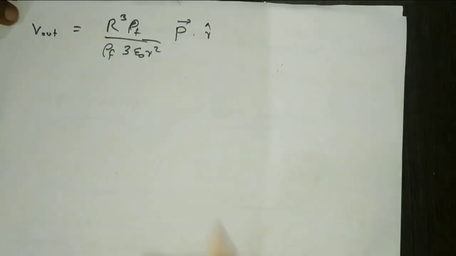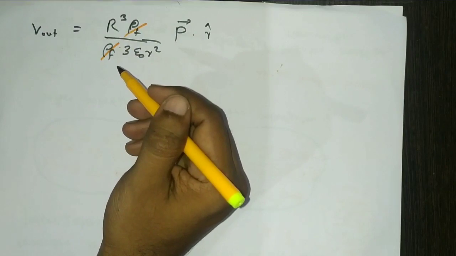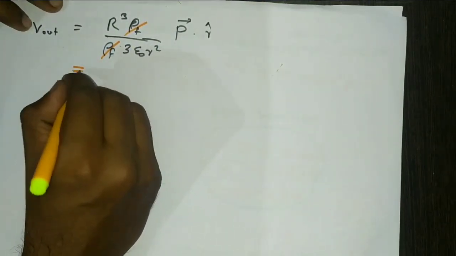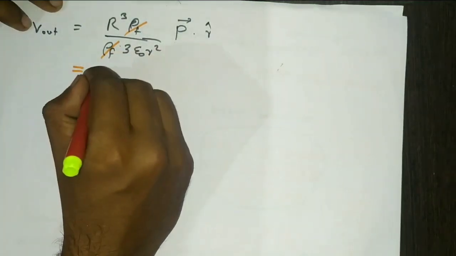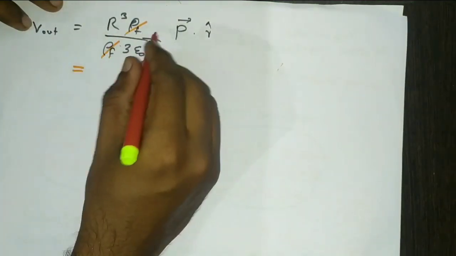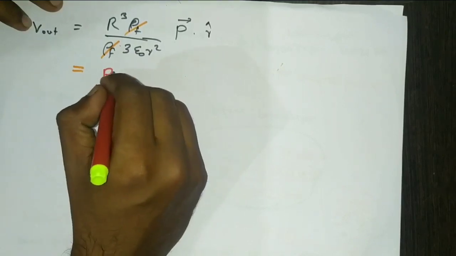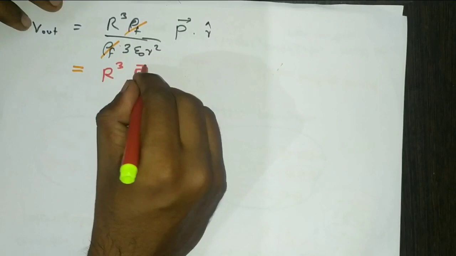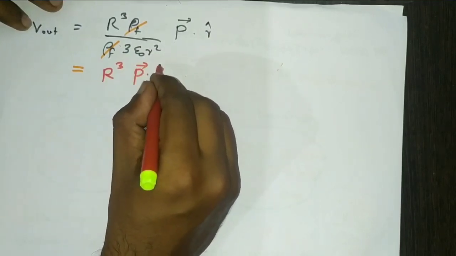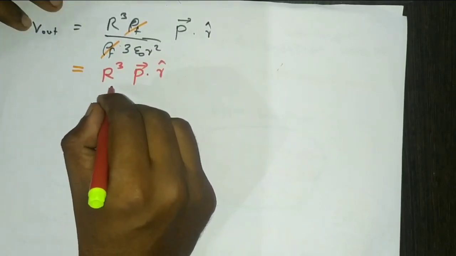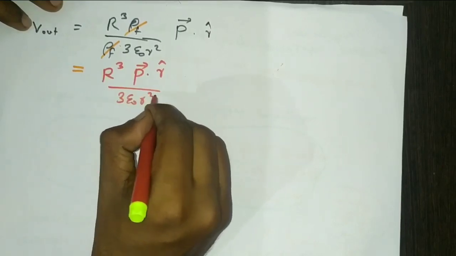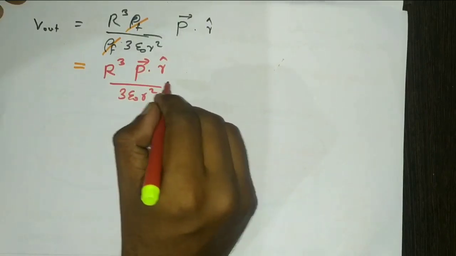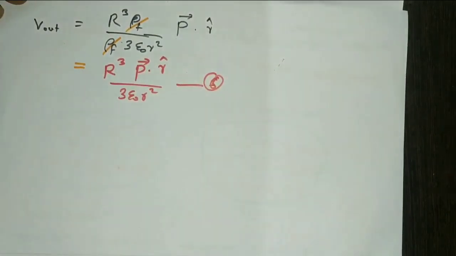Here this rho F and rho F will cancel out. Now I can write this equation as r cube, polarization vector P dot r cap, divided by 3 epsilon 0 r square. Here I write this is equation number 6.